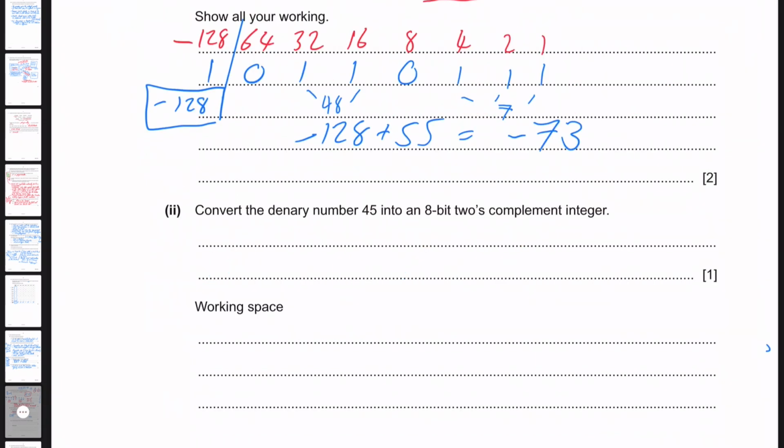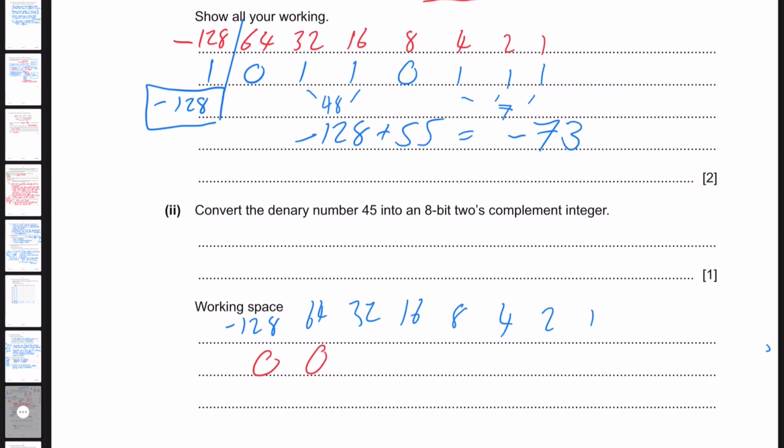Okay. Next one, convert the denary number 45 into an 8-bit 2's complement integer. Okay, so obviously the first number is going to be 0 because it's a positive number. So let's go with this: 1, 2, 4, 8, 16, 32, 64, minus 128. Okay, so there's none of those.